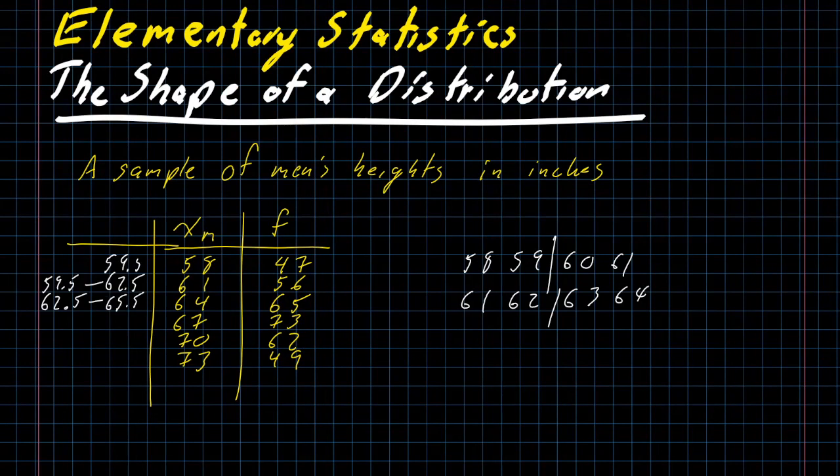And then we realize that we're really just counting by threes, right? The midpoints are increasing by three, so the boundary points are going to be increasing by threes as well. All right.